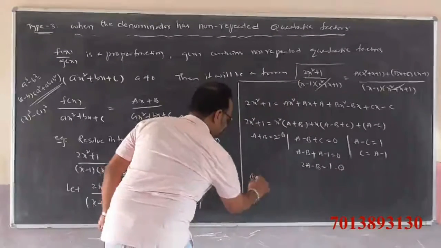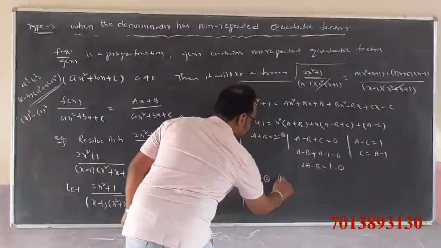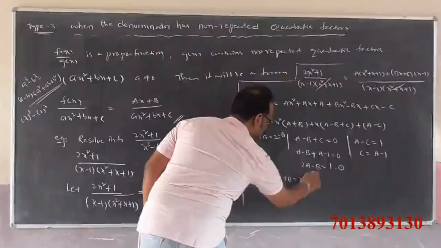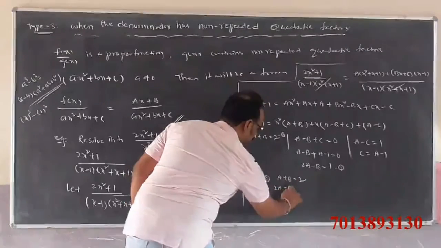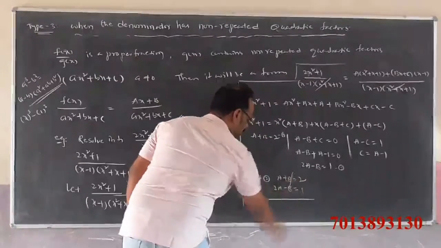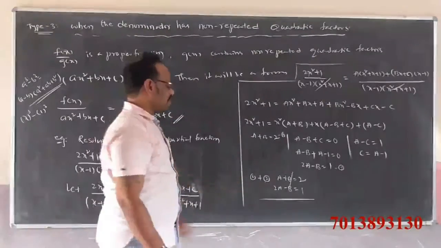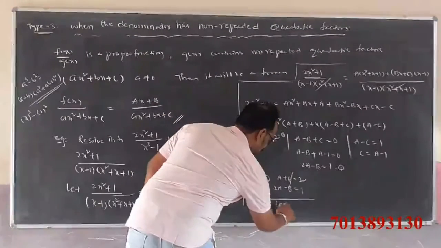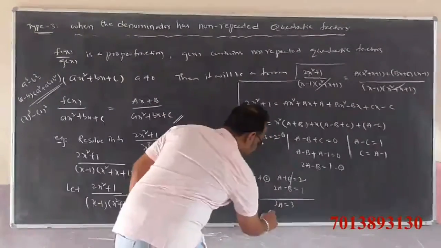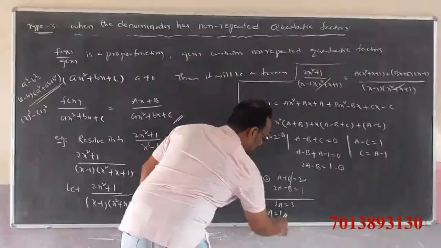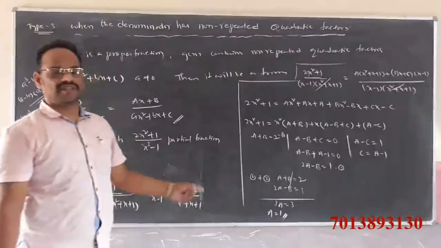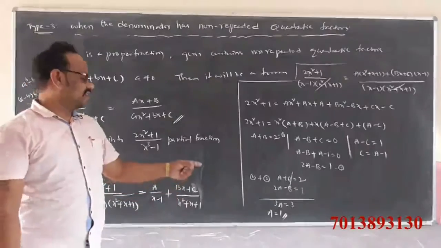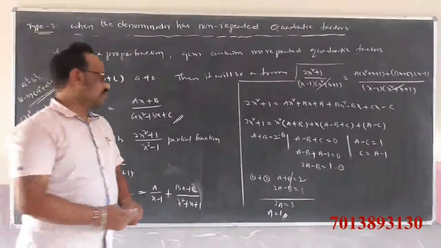Solve 1 plus 2. We get a plus b is equal to 2, and here we get 2a minus b is equal to 1. B gets cancelled. 2a plus a is nothing but 3a is equal to 3. So a is equal to 3 by 3, we get 1. So the a value is 1.